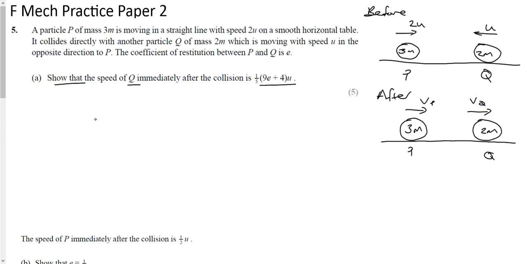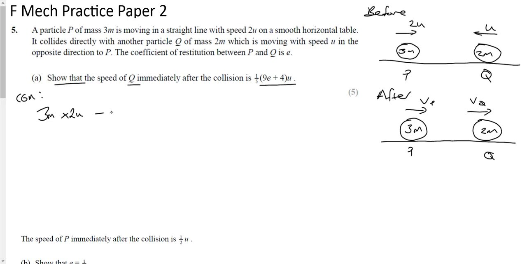Okay. So when I've set it up, there's two things that we always look at with this. We've got conservation of linear momentum, and we've got the coefficient of restitution. So our conservation of momentum: before, I've got 3m times 2u.